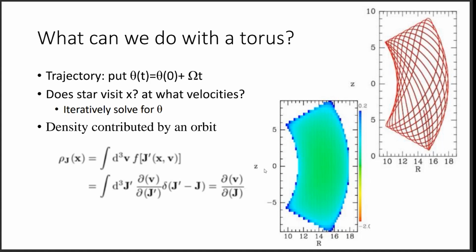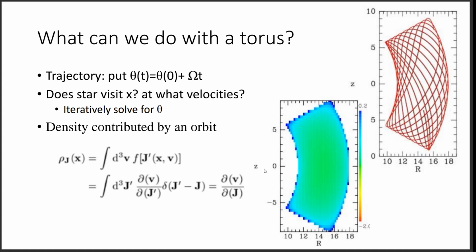I hope you will believe me that, given what we already know, the S's and the derivatives of the S's, we can evaluate this thing analytically. The colors here show what the density is that this orbit contributes at these various points. There's a certain amount of steppedness here and here, but that's nothing to do with the torus mapping machinery.